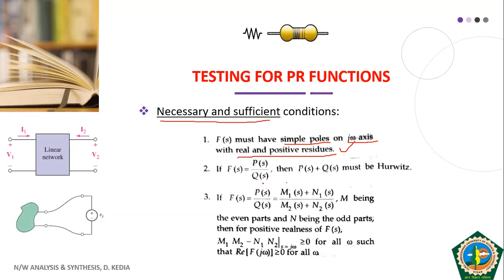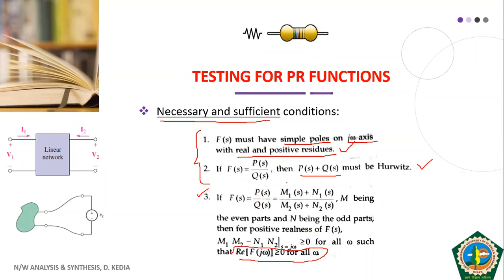Another sufficient condition is that if F(s) is equal to P(s) by Q(s), then P(s) plus Q(s) must also be Hurwitz. And the third, in fact the most important one: all other conditions are more or less satisfied when we solve numericals. Mainly we have to check for this condition. So if F(s) is equal to P(s) by Q(s), then we will check for the positive realness, and this is what we have to check.